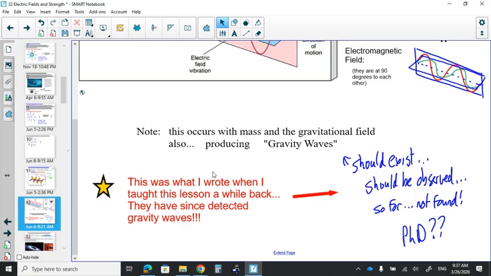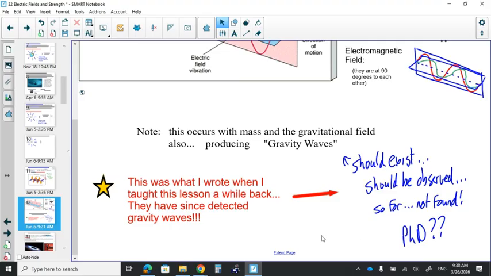So this occurs with mass as well, with gravitational fields producing gravity waves. A while back, doing this lesson, I had written here that gravity waves should exist and that they're looking for them and they haven't been observed so far. I suggested that'd be a good field of research to work towards a PhD, and people have done it.